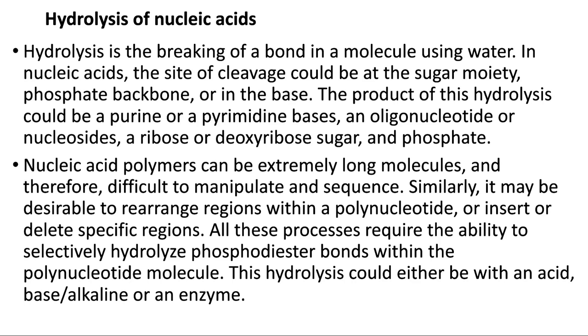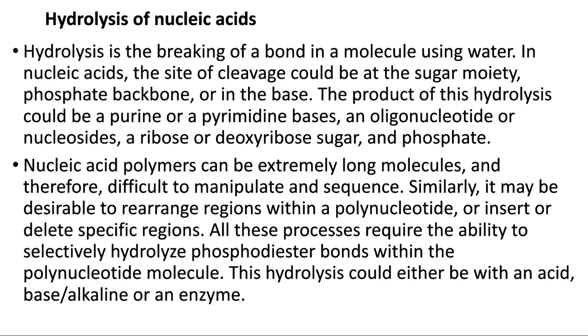Now, when you look at the structure of the nucleotide or the nucleic acid, we find that there are sites where this breaking takes place. One of the sites can be broken in the connection between the sugar moiety and the nitrogenous base, or it can be broken at the phosphate backbone, or it can also be broken even in the base.